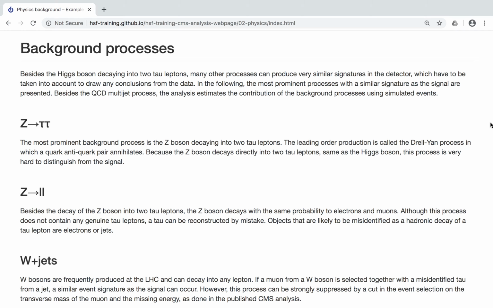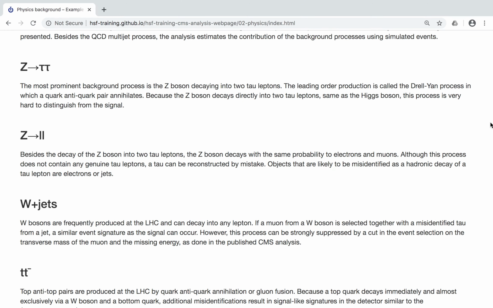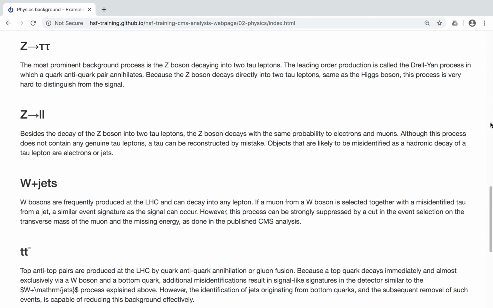So besides the QCD multijet process, there are all of these different ways that you can make physics objects that would look like two taus. The first is that you could just literally produce two taus, but this time from a Z boson decaying to two tau leptons instead of a Higgs. We call this the Drell-Yan because we're seeing a quark-antiquark annihilation creating our Z boson.